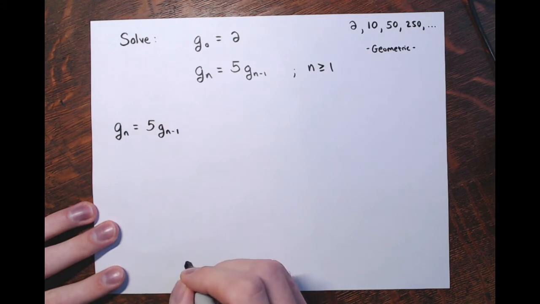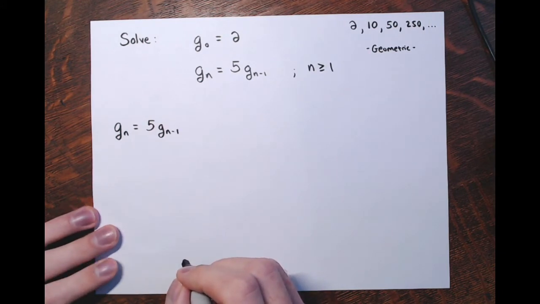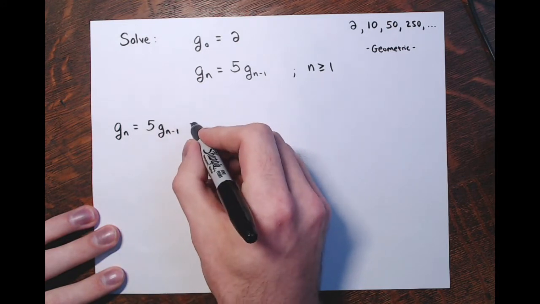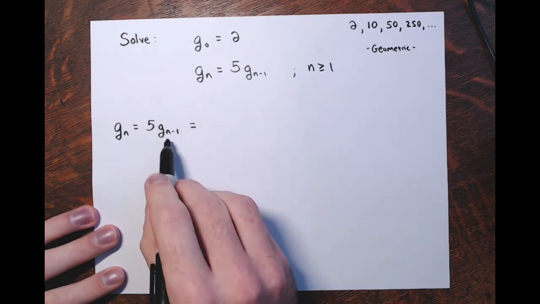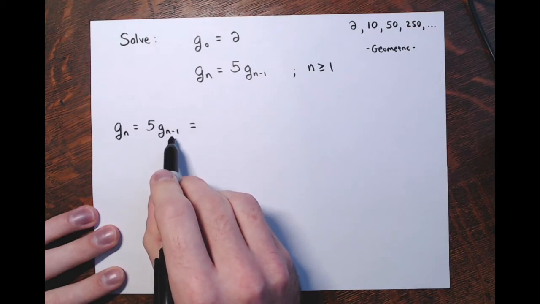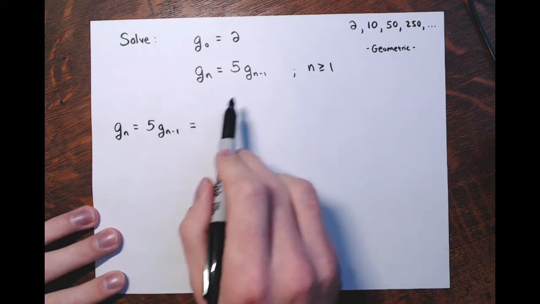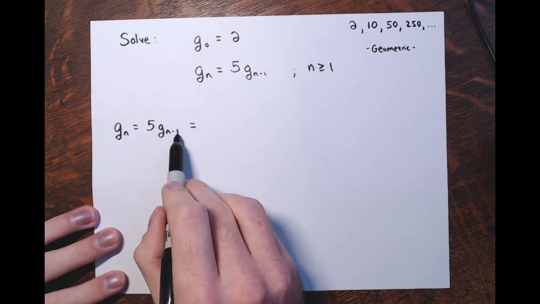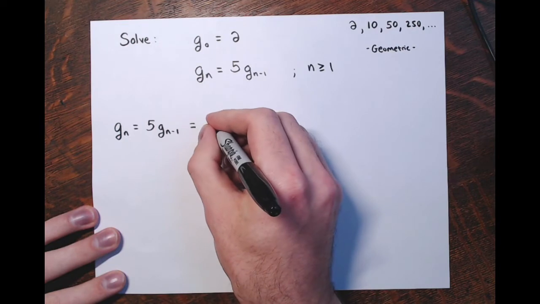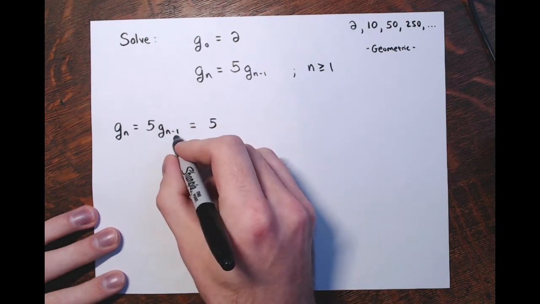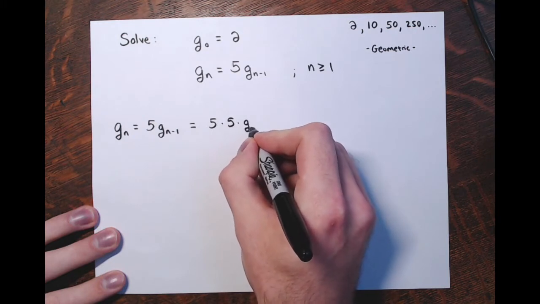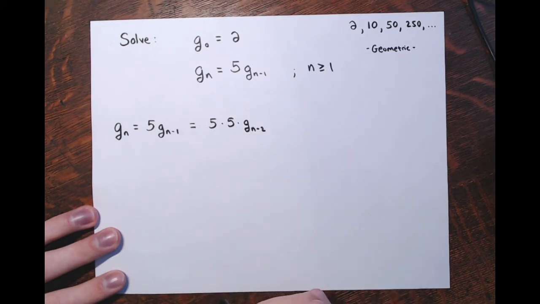All right, we know this rule. And this G sub n minus 1, now if n is greater than or equal to 2, this should be greater than or equal to 1, and then I could say, hey, G sub n minus 1 is just 5 times G sub n minus 2, isn't it?